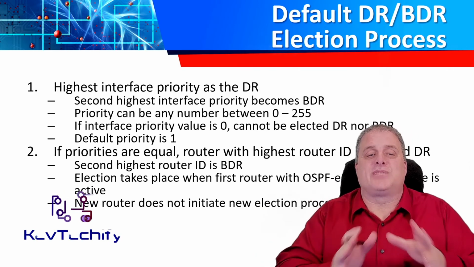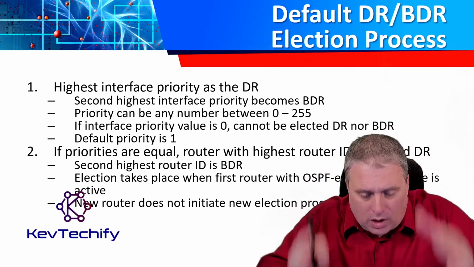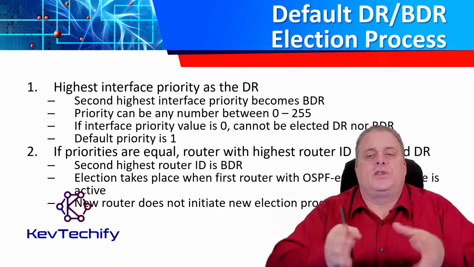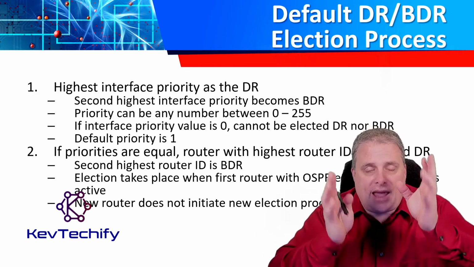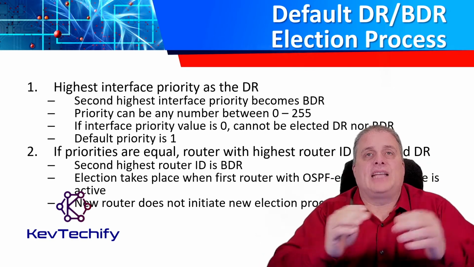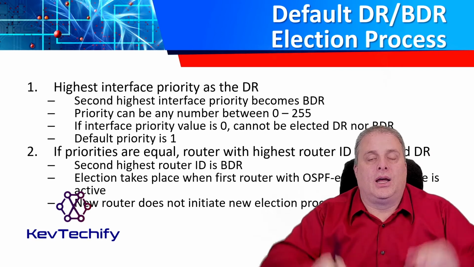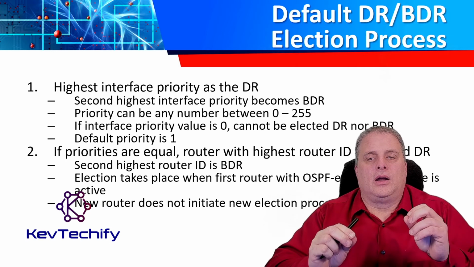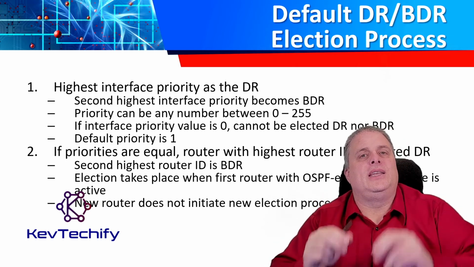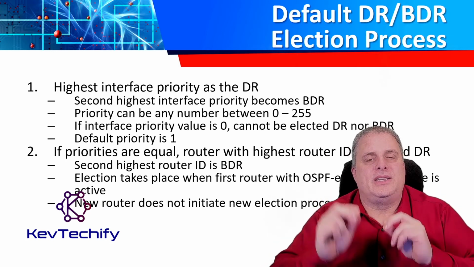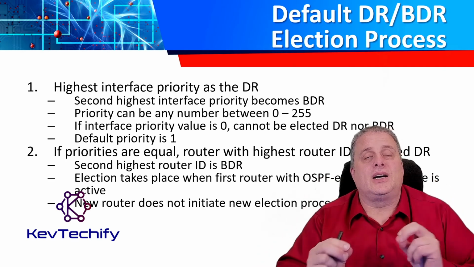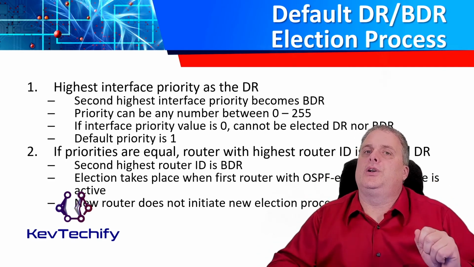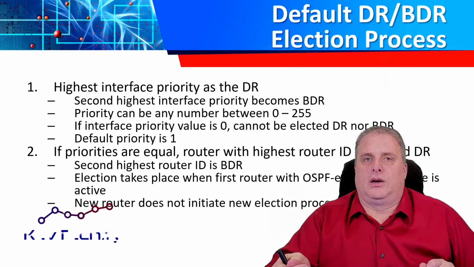The election takes place when that first router turns on with an OSPF enabled interface. When that interface becomes active, that's when the election takes place. There could be a situation where the highest router ID doesn't become the designated router because it took longer to boot for some reason. Maybe it got turned on a minute later.